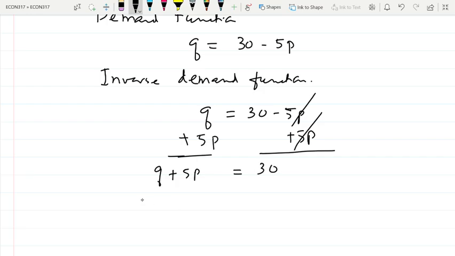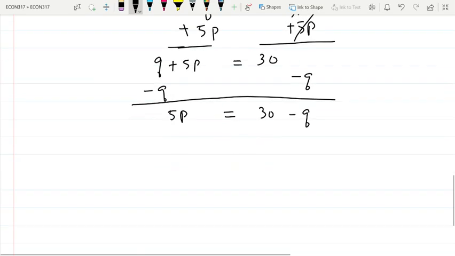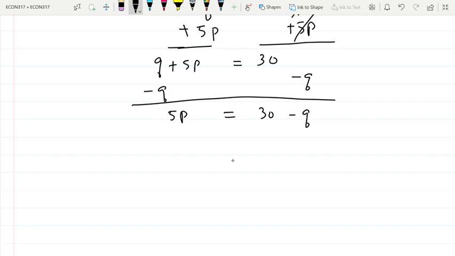Now I don't want Q to be on the left hand side, so I will subtract Q from both sides. And what remains is 5P on the left, 30 minus Q on the right. And then lastly, we want P by itself, so coefficient 5 needs to be removed. So I will divide both sides by 5.